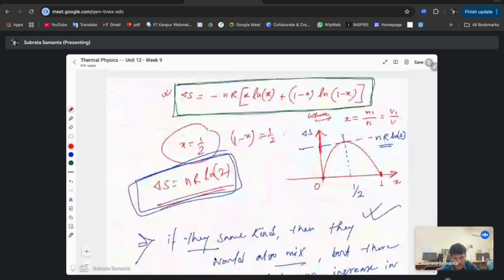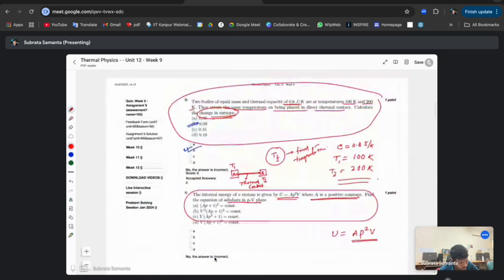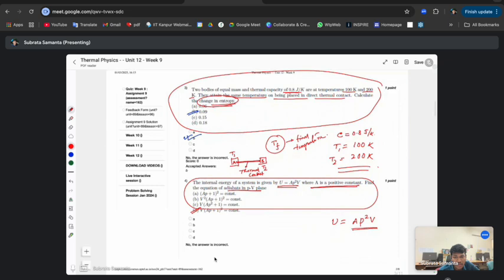So let's check the options. Yeah, so the last one, option D is correct. So (AP plus 1) square times V equals to constant, so we remove the others, okay. So this is the correct option, right?